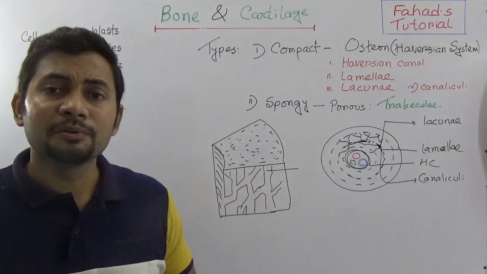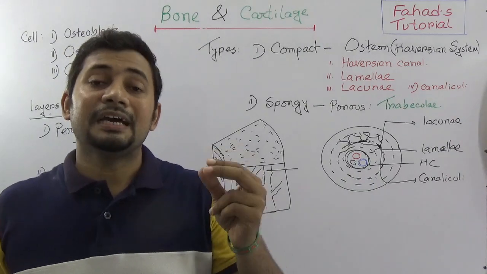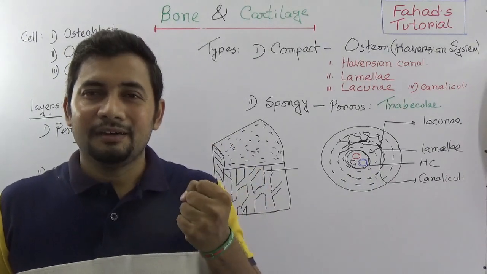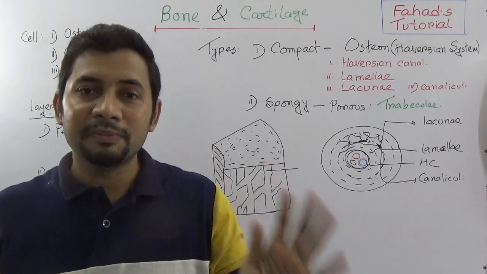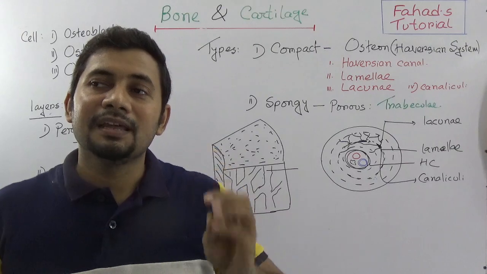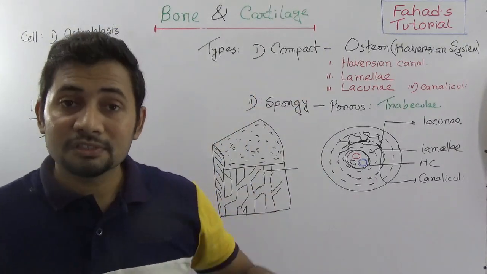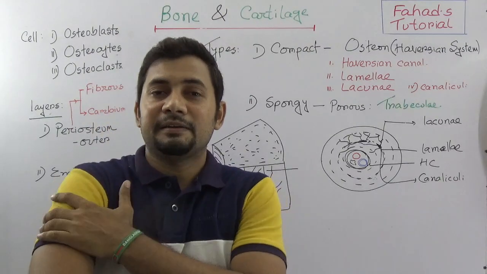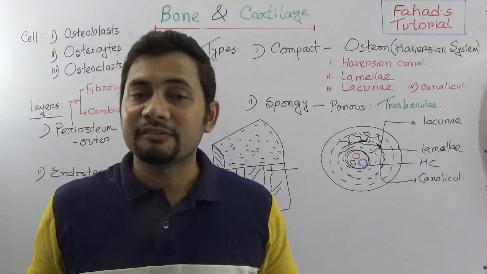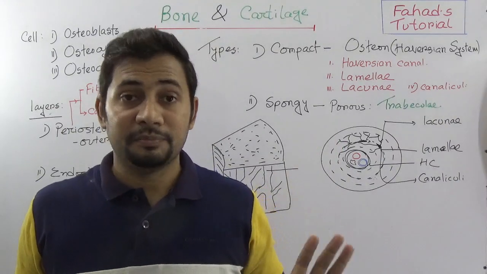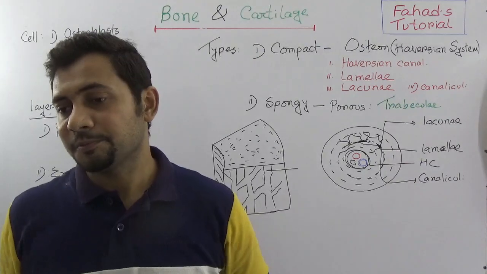So spongy bones are not as strong, they have pores, and are comparatively less strong. That is why in most cases our outer bones like femur, humerus, radius, ulna, tibia and fibula are made up of compact bone. And inside, when there is a porous bone, this is called spongy bone.